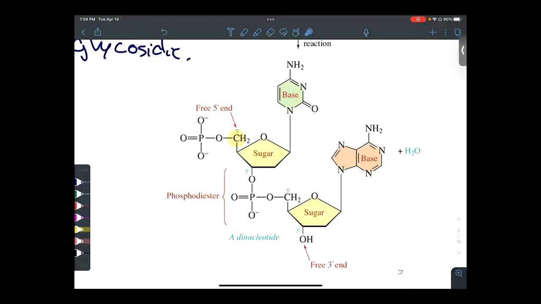So when we're reading left to right, we typically start with the nitrogenous base that has this free 5-carbon versus we're reading towards the free 3 end over here. Because see how the 5-carbon is attached to something? It's attached to something there, so that's why we don't start on this side. So we're reading in this direction. Go 5 to 3, just like in amino acids where we did N terminus to C terminus.